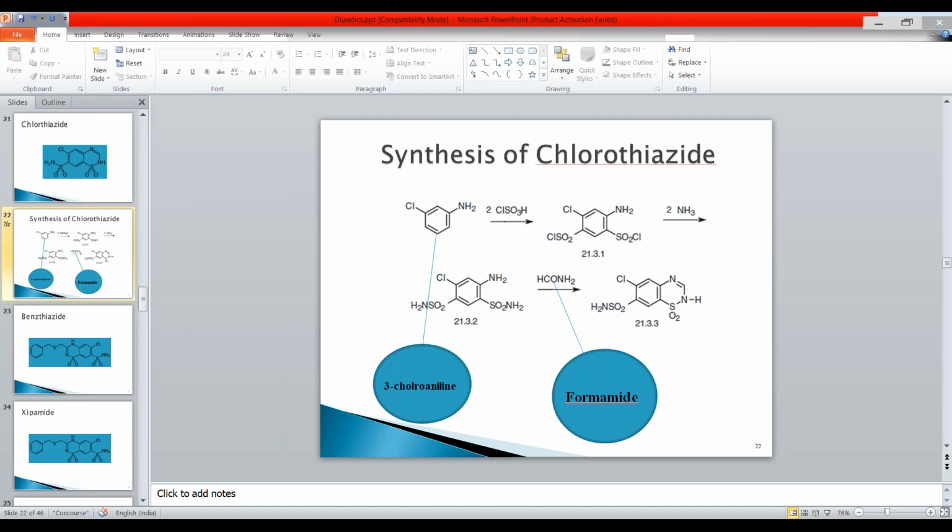Take down. Mechanism of action. The thiazide-like diuretics block the reabsorption of sodium at site 2.